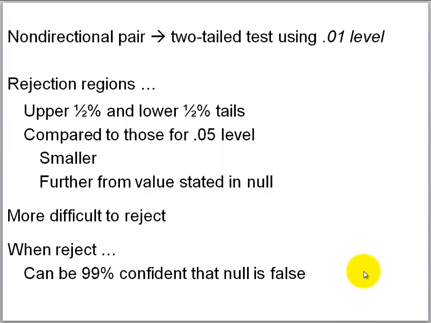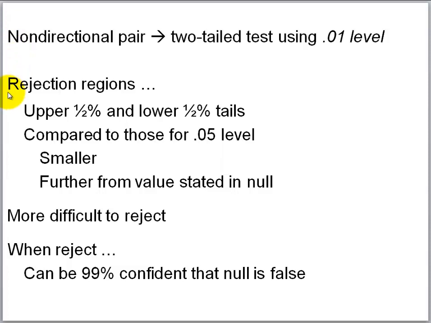Let's go ahead and stay with our same example, but let's presume that rather than using a significance level of 0.05, we are using the 0.01 level. And we will continue to presume that our hypothesis pair is non-directional, and therefore a two-tailed test is in order.